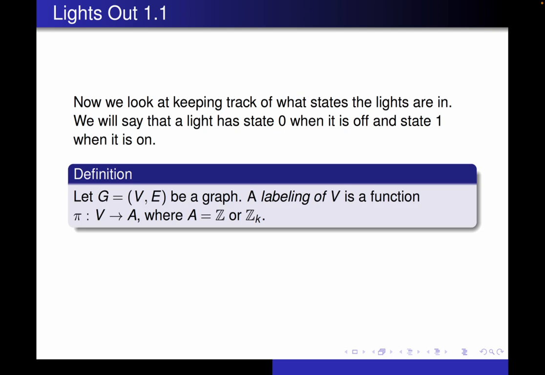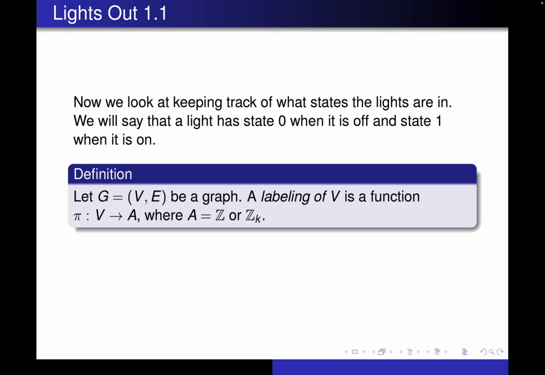And that leads us to the definition of a graph labeling. So again, G is a graph, V is the vertex set, E is the edge set. And a labeling of the vertices is a function, we'll call it pi, from the vertices to, well, to something, where that something is either the integers, or elements of Zk, they could be labeled with elements of Zk.